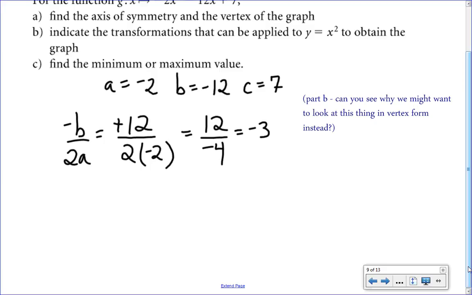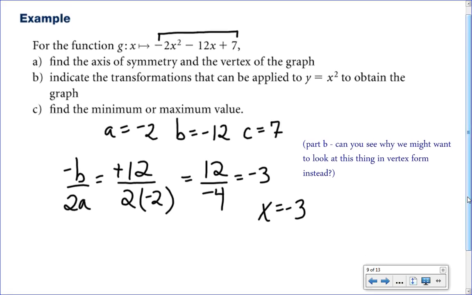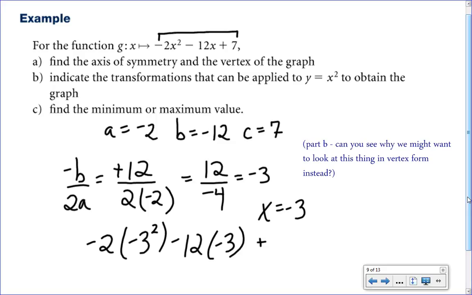Recall that our x-coordinate for our vertex is also where the axis of symmetry is. So the axis of symmetry will simply be x equals negative 3. Our next step is to plug in x equals negative 3 into our function. So I'll write that here. We'll have negative 2 times negative 3 squared minus 12 times negative 3 plus 7.